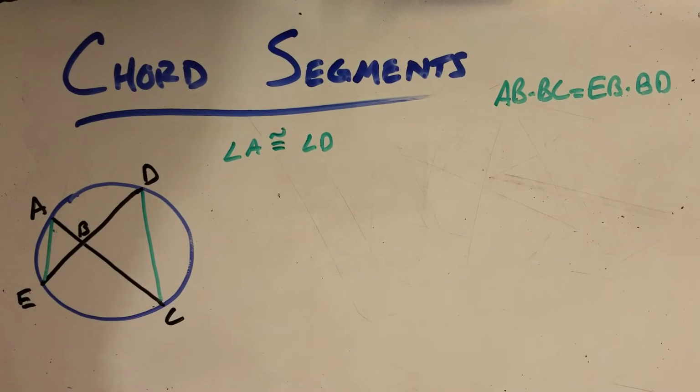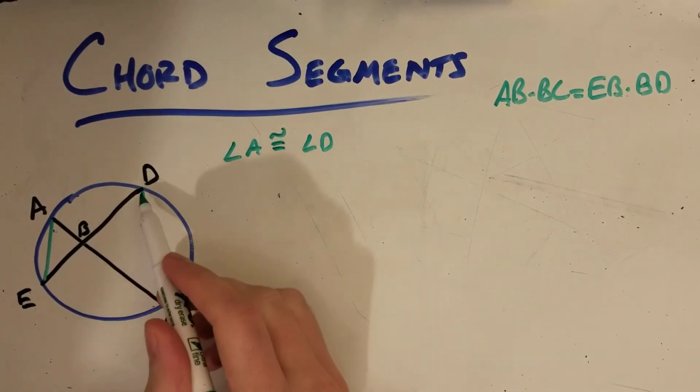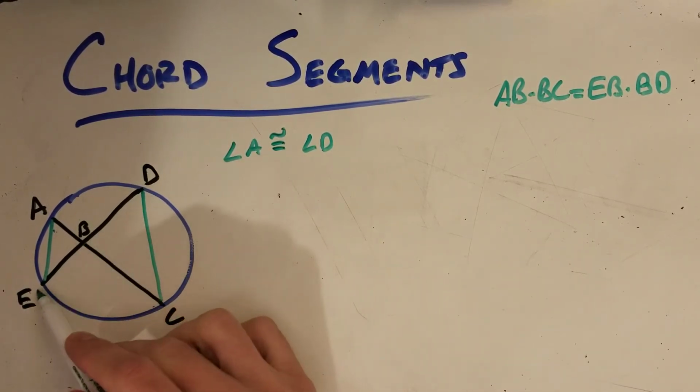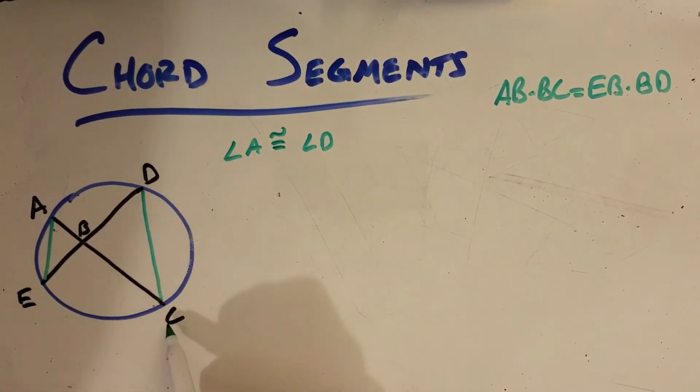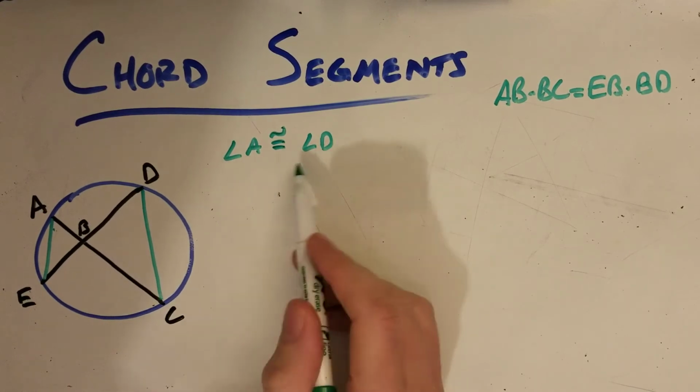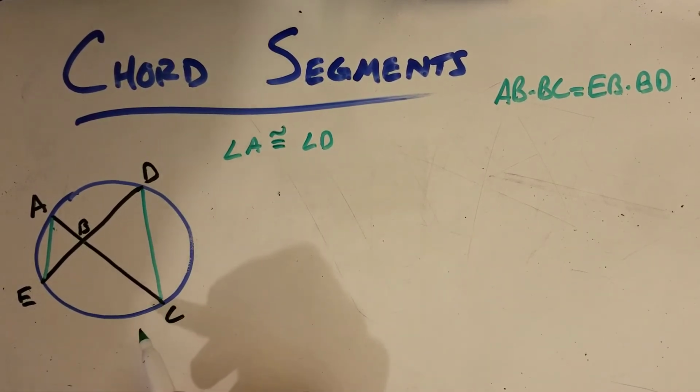And the reason why is they both intercept the same arc. Angle D intercepts the arc EC, and angle A also intercepts the arc EC. So these two are congruent to one another because they intercept the same arc.